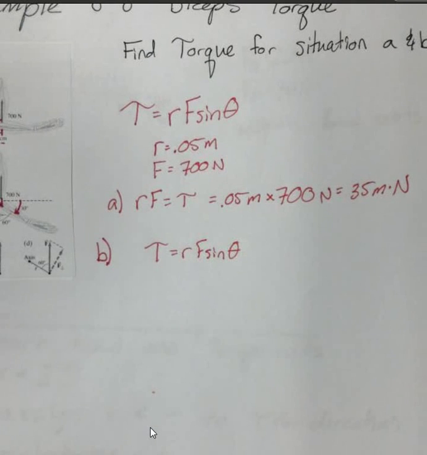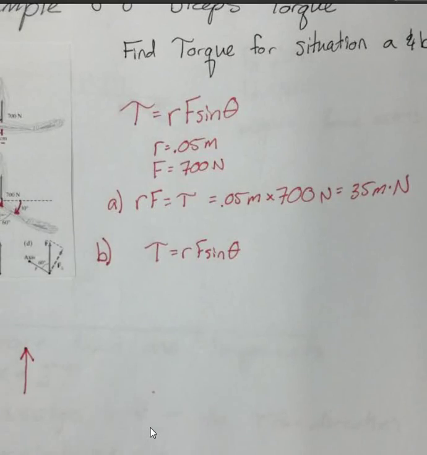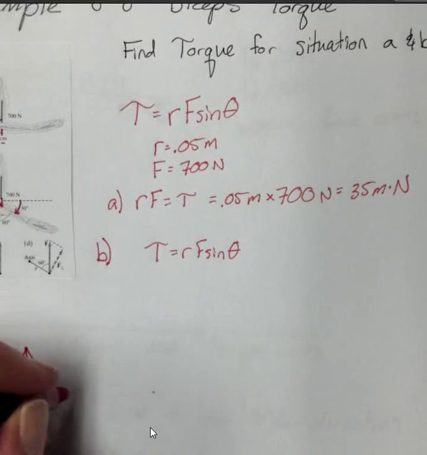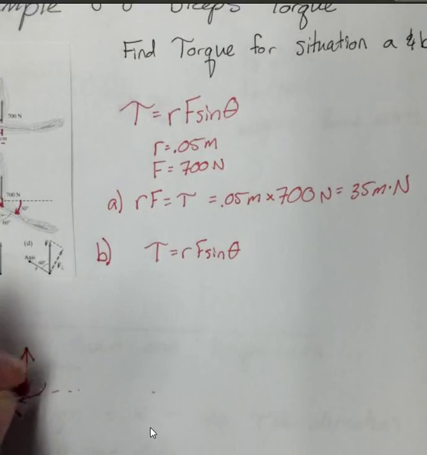And there's two ways to do it. I'm going to draw these in larger. So in both situations, you know that the force is up. In one situation, the radius, instead of being along this perpendicular, got dropped down, and that down amount is 30 degrees.